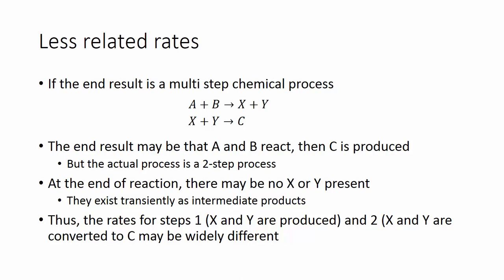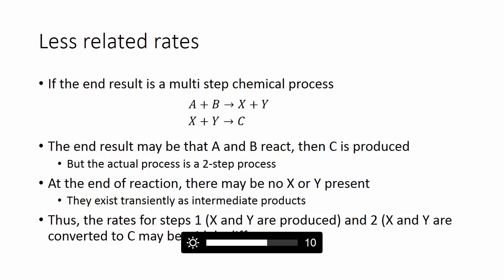That goes without saying. But what we're not saying, the sin of omission, is that the actual process is a two-step process: first we're making X and Y, which are then converted to C. Note also that at the end of the reaction there may well be no X or Y present, as they exist transiently as intermediates.